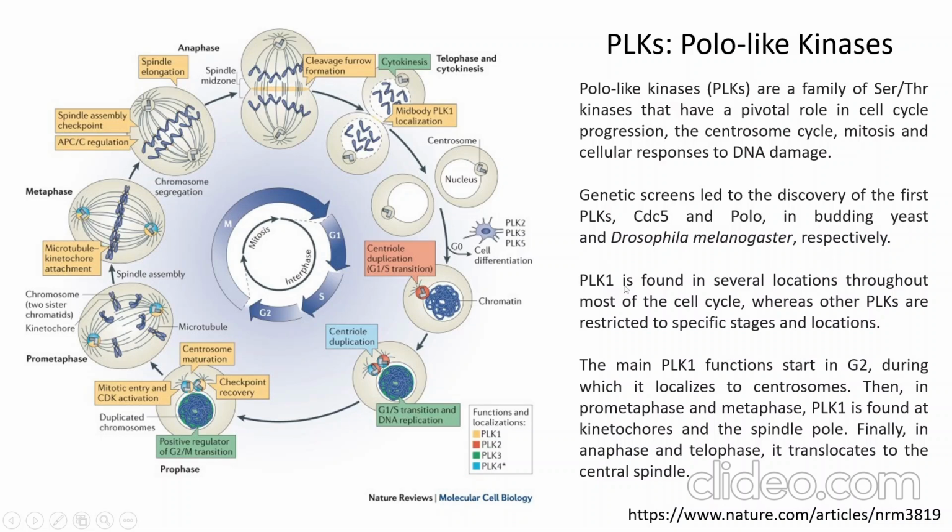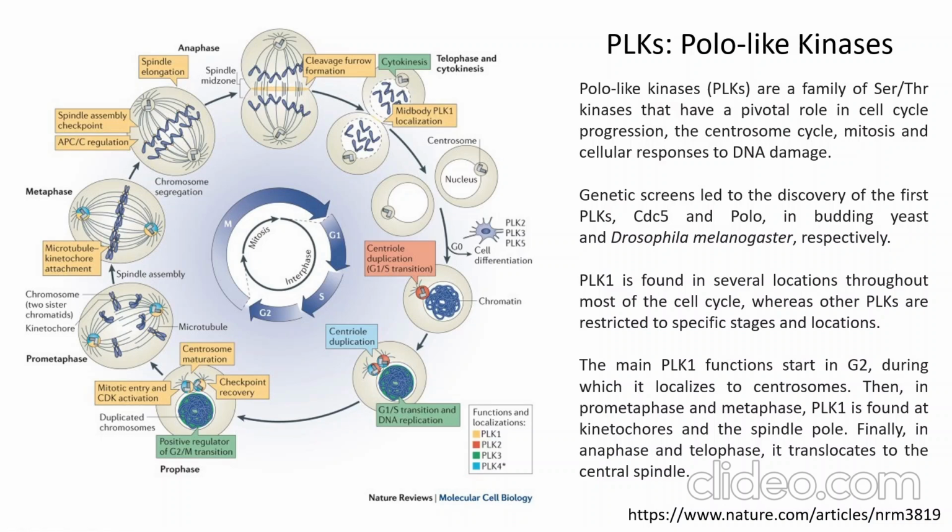PLK1 is found in several locations throughout most of the cell cycle. Just like how your cyclins and CDKs cycle through the cell cycle and their level as well as localization changes, here also PLK1 is restricted to specific stages and locations, whereas PLK1 is a little more dynamic that way. It's present the entire time, and it's kind of like the G1 cyclin in that way.